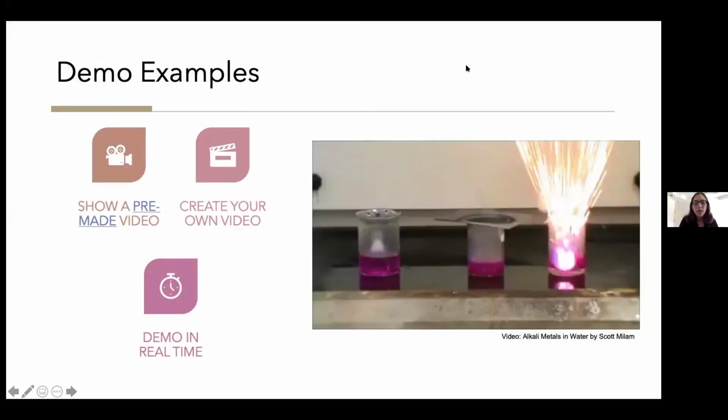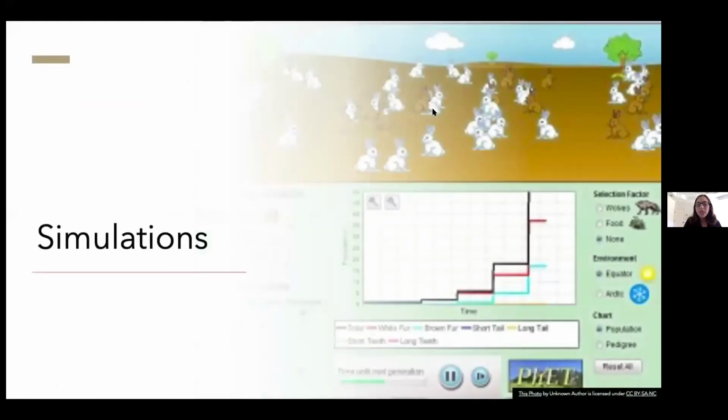okay, is we're gonna talk a little bit about simulations. Simulations are great because they actually were designed to be done online. So there's really not much tweaking you have to do. But my little twist on the simulation is just like when we talked about before. When using the simulations, don't just have the students run off and do it on their own.